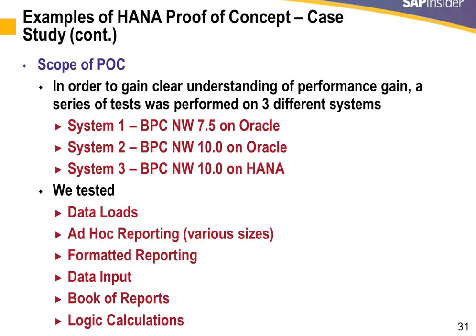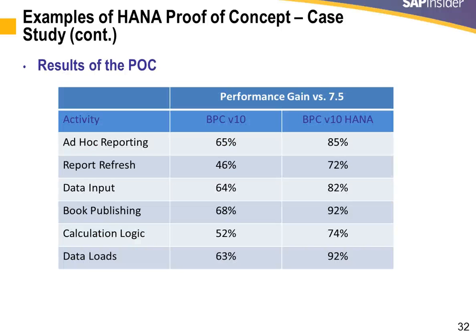In slide 32, we have the POC results, comparing benchmarks across various categories, including data loads and ad hoc reporting, with fairly significant percentage benefits for each one. So essentially that's a classic POC scenario, but adding some A/B testing features to compare different possibilities for how you could go forward.